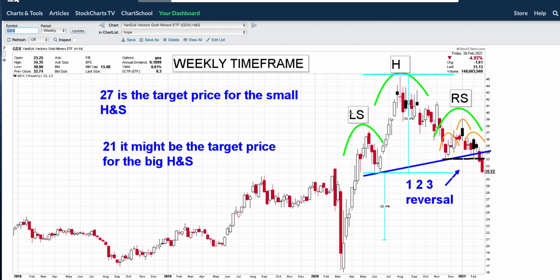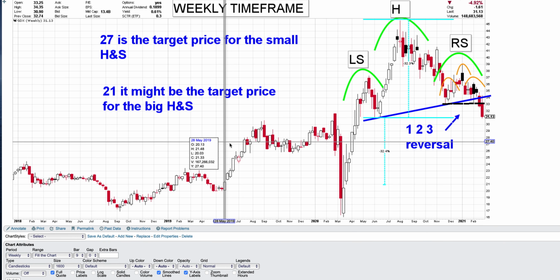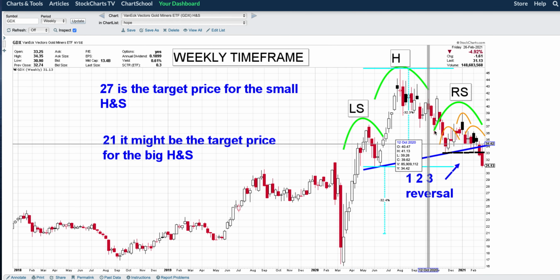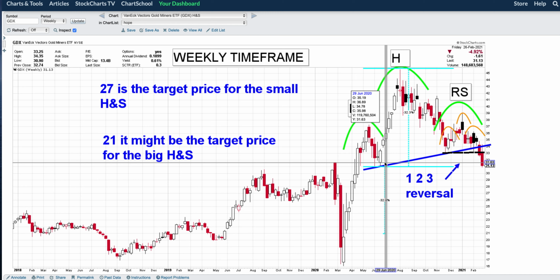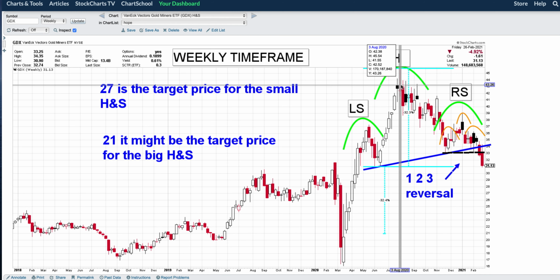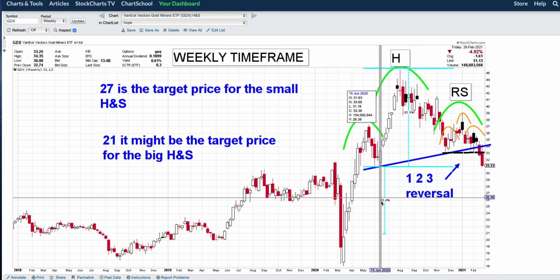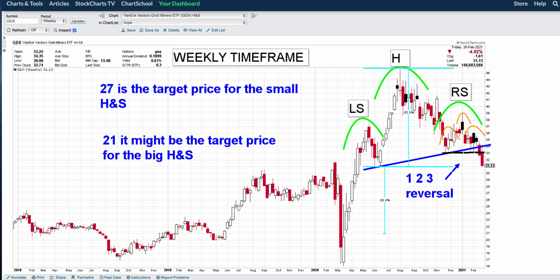So let's look at the weekly. The weekly is the same. We have two head and shoulder formations, the smaller one I discussed earlier, and the bigger one. Some people will do for the bigger one 45.54 minus this low, and it gives you almost 14.58.